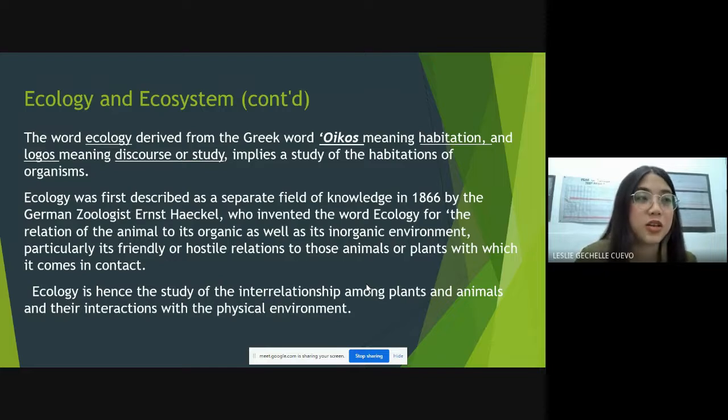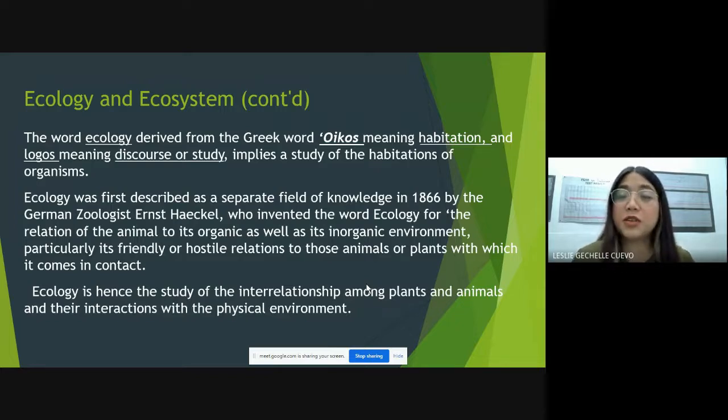Yun, ecology. Okay, the word ecology was derived from the Greek word oikos, meaning habitation, and logos, meaning discourse or study, or the study of. So it implies a study of the habitations of organisms.